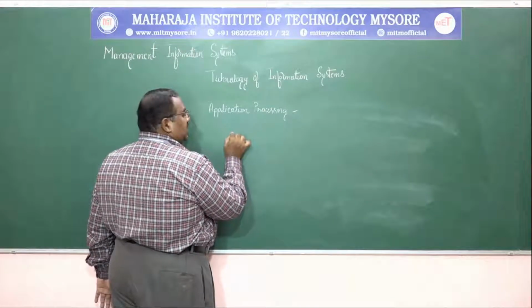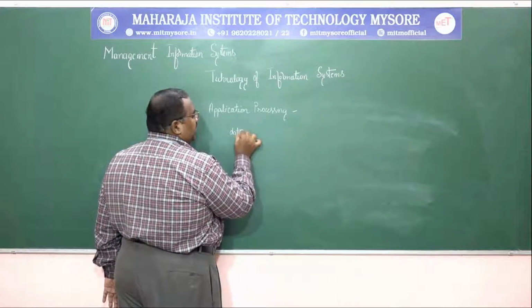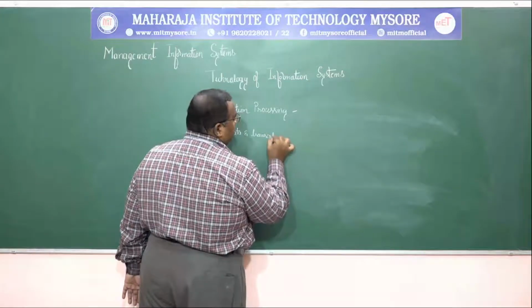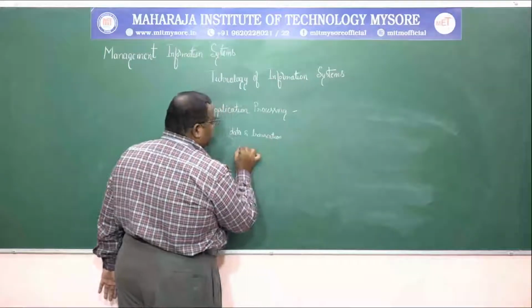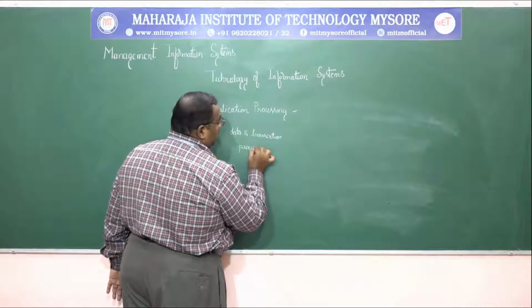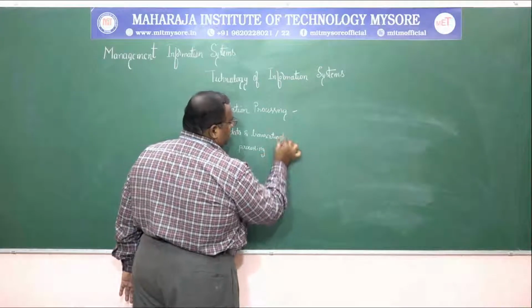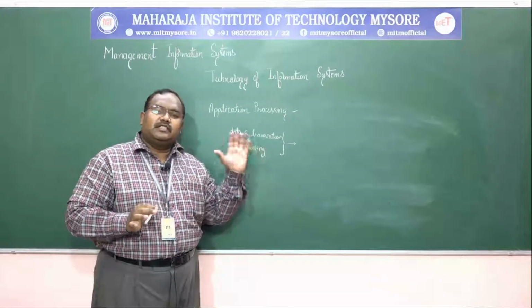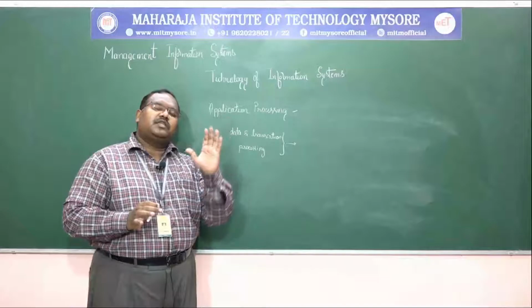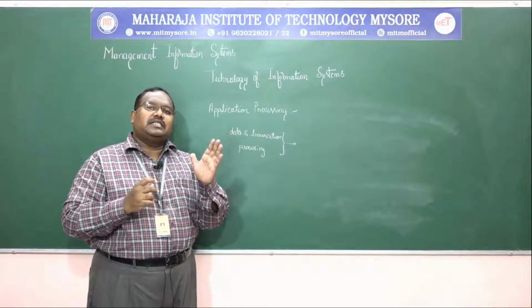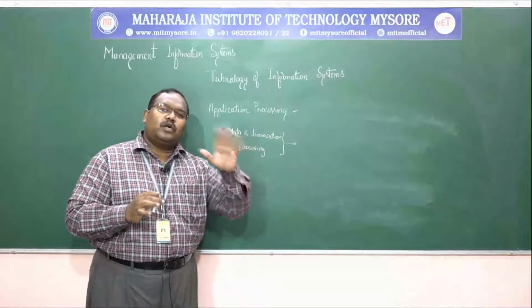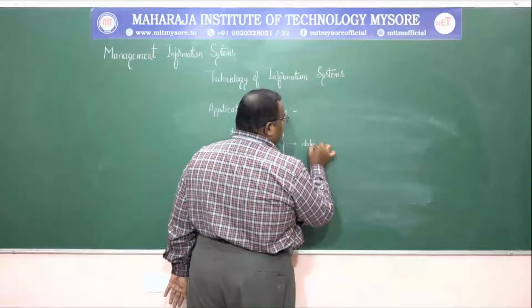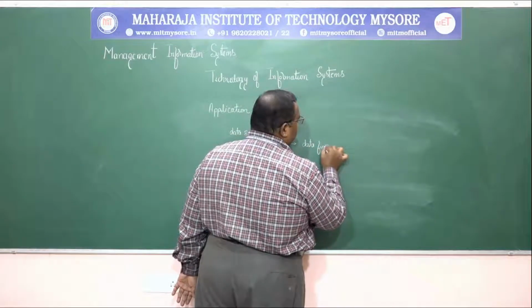After the data and transaction processing, the data is finalized, because in the data processing the information is ready, and after the transaction the data gets finalized. Means here we get finalized data.